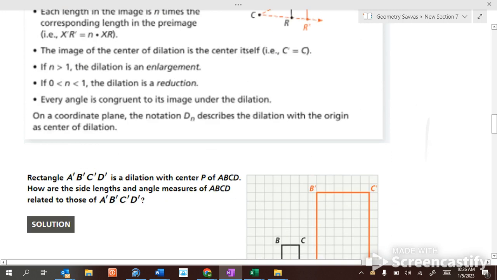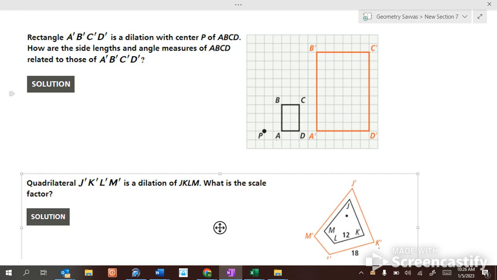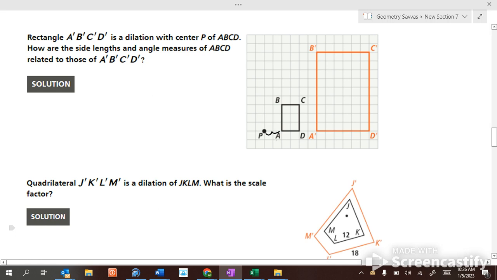So, dilations. Here's the ones that I think are easier to look at, easier to see than the ones that are drawn out in space. When you have a graph, they're a little easier to see. Now, your original figure is A, B, C, D. Your new figure is A prime, B prime, C prime, D prime. How far was A away from P originally? How far is A away from P right here? 2.